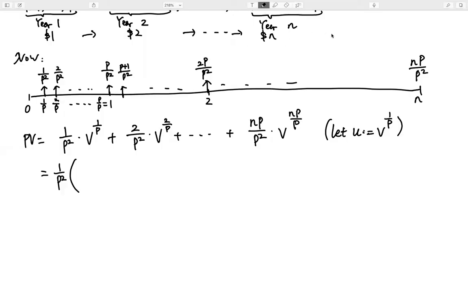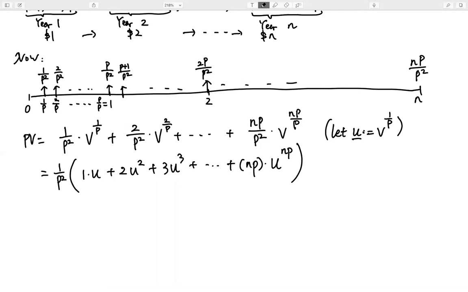Okay, let's resume. So here is what I want for U. U is nothing but V to the power of 1 over P. So now what I can write is 1 times U, 2 times U squared, 3 times U cubed, all the way to NP times U to the NP.